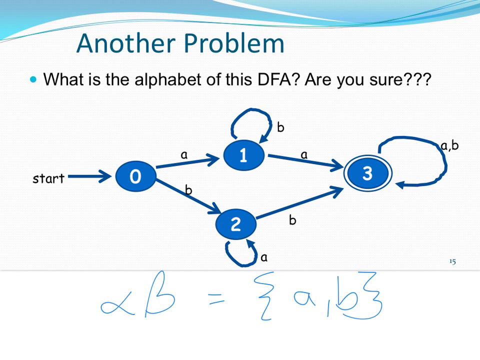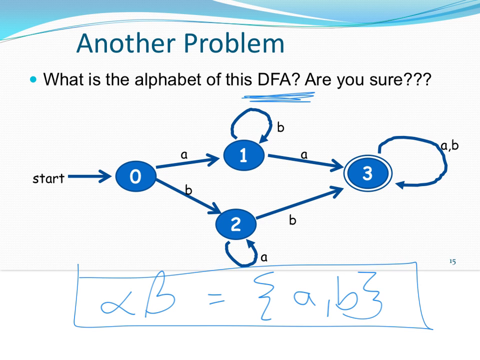If I had the regular expression that represented this DFA that we figured out on the previous slide, I can't tell you by looking at a regular expression what the alphabet is, because there's no guarantee. Maybe it's just that I don't use C's, but C's are in the alphabet. But in a DFA, because I know that I have to have an out transition for every letter of my alphabet, and since I told you this was a DFA, assuming this is a DFA, the alphabet must be just these two symbols.